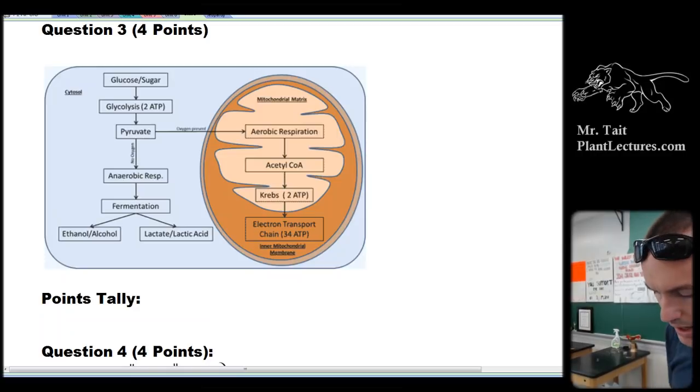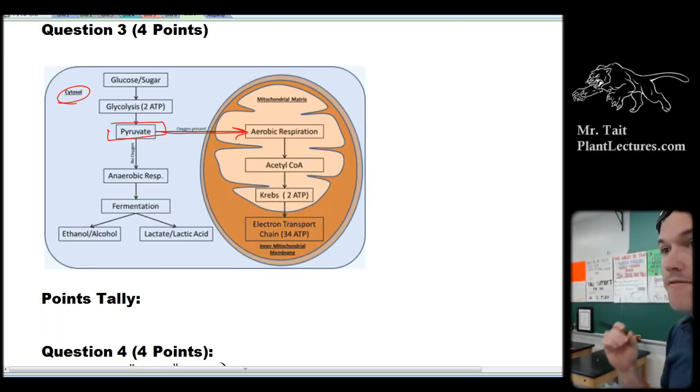Okay, well, in order to do that, we need to know about cellular respiration, right? And so we know you get pyruvate at the end of glycolysis, which happens in the cytoplasm, right? And then you pump this pyruvate into the mitochondrial matrix. So the answer that they're looking for here is mitochondria, or perhaps mitochondrial matrix, if they're going to be a stickler for that. But I also think that they need to give points for cytoplasm, right?